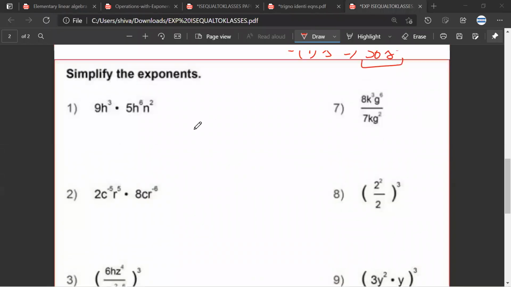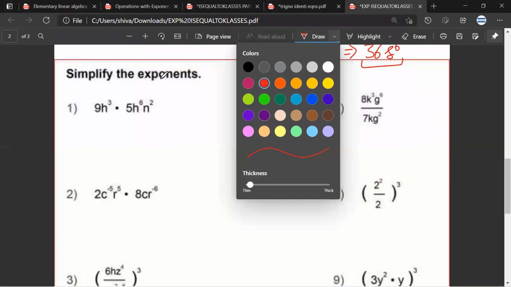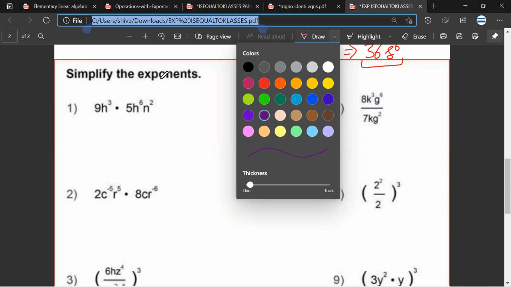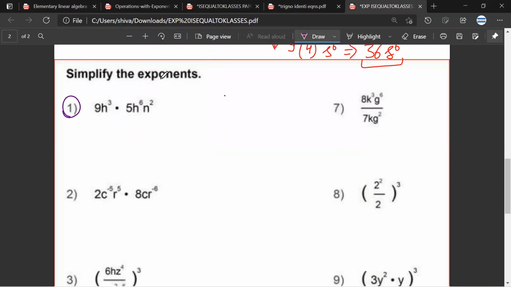So how should I do question number 1, Mr. Sarthak? So this will be equal to 9 into 5h raised to the power 9 into n raised to the power 2.